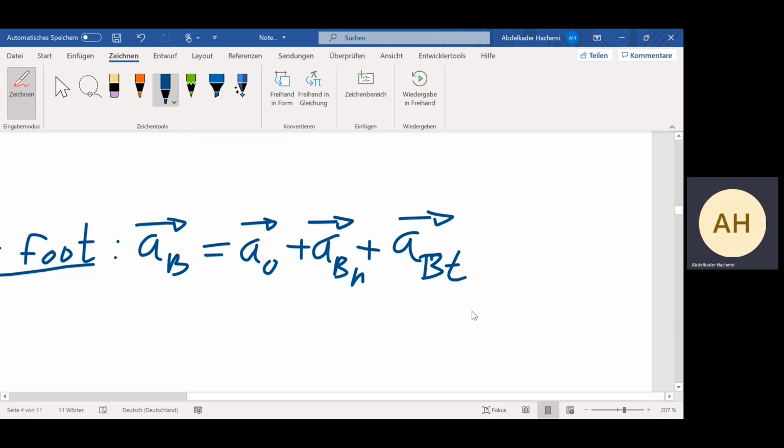Okay, there is the tangential. EBO is here 0.